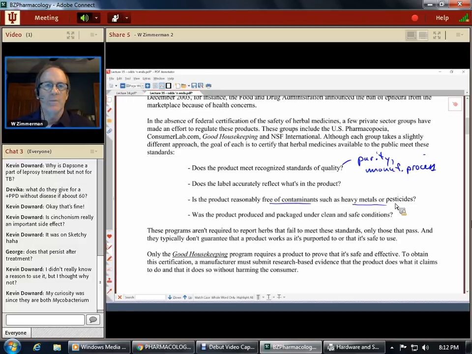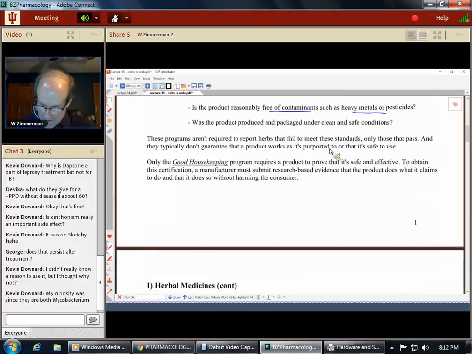These programs by Consumer Lab, Good Housekeeping, and so on, are not required to report herbs that fail to meet these standards, only those that pass. Now, if something doesn't pass U.S. Pharmacopoeia, it doesn't mean it's harmful; it just wasn't pure enough to meet their standards. Good Housekeeping actually requires a product to prove that it's safe and effective.